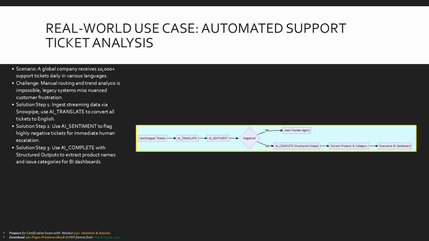If no, it continues to the AI complete structured output node. Here, the unstructured text is cleanly transformed into the extract product and category node, which subsequently feeds directly into the executive BI dashboard on the far right. This diagram brilliantly illustrates how multiple Cortex functions can be chained together to create sophisticated, autonomous business processes without ever moving data outside the cloud.